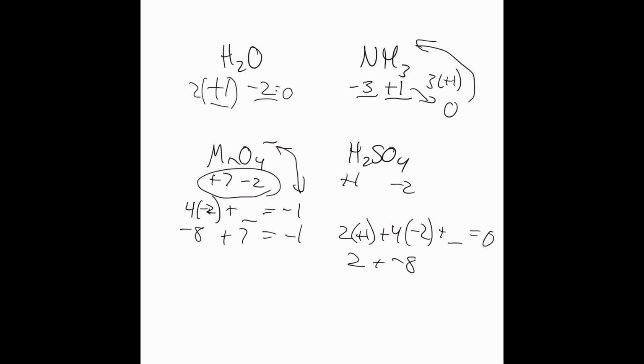And then what would this be? This must be, so sulfur has to be +6. So +6, and that all equals 0. And those are our oxidation numbers. So it's actually pretty simple to do. You just have to identify the elements that are specified in that particular rule, assign those first, and then use the overall charge to assign what's left.